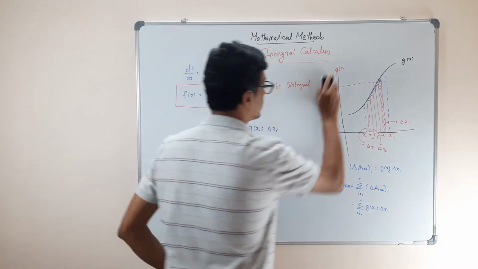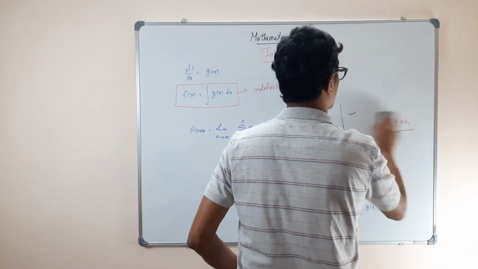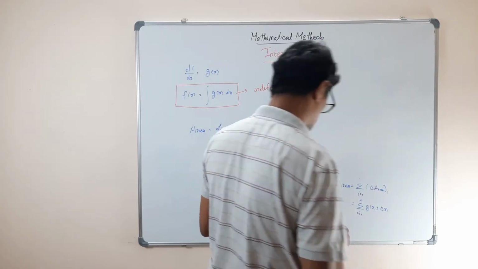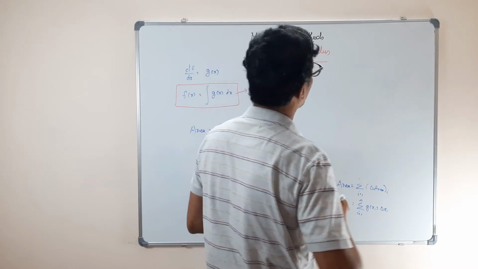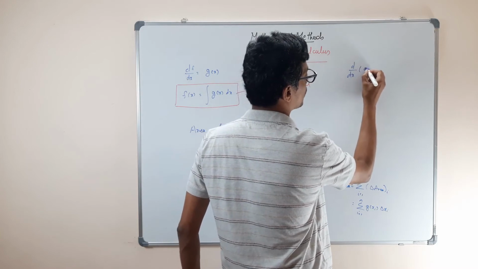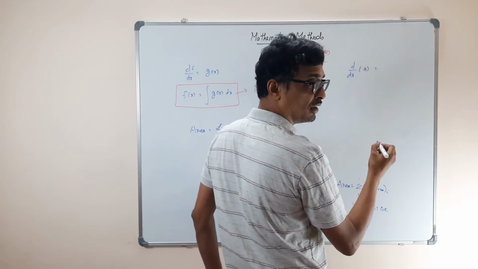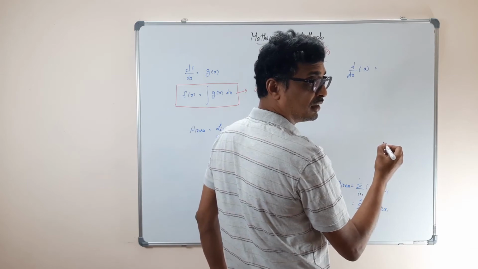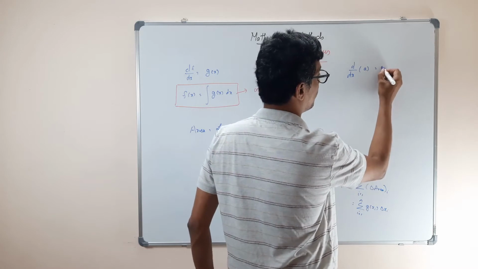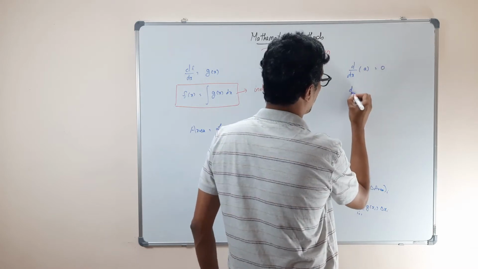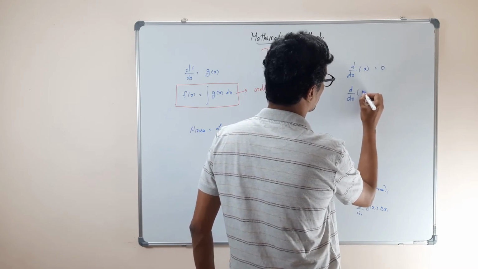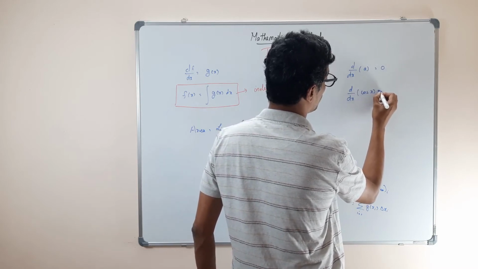If you remember from the earlier class, we will take two simple cases. d by dx of some constant a is equal to what? 0. And d by dx of cos x is equal to minus sin x.